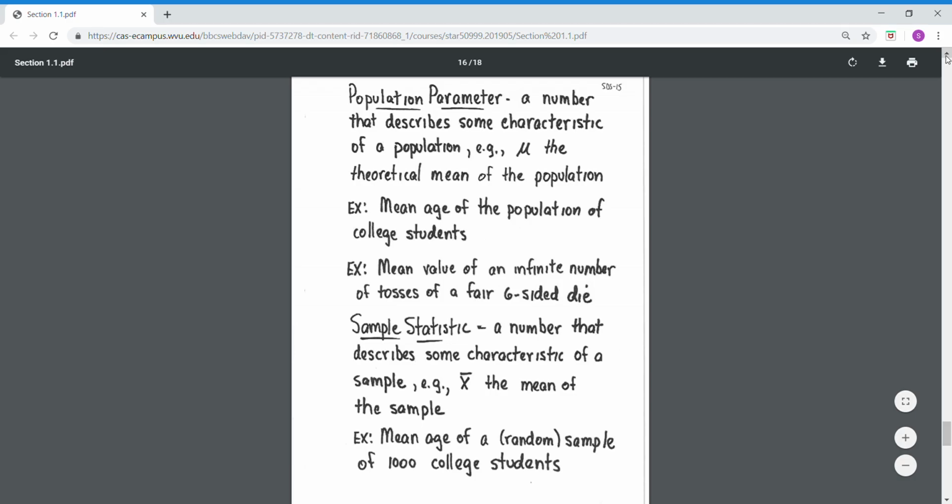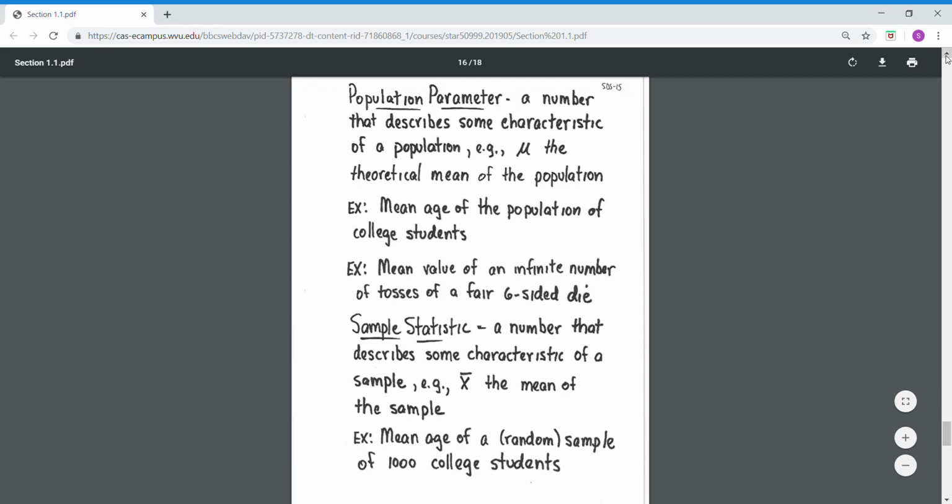Now, statistic is very similar to the parameter, only what parameter is to population, a statistic is to a sample, or a number that describes some characteristic of a sample. For example, x bar is the mean of the sample. X bar, or really any lowercase letter with a bar over it, is how we choose to represent the mean of a sample.